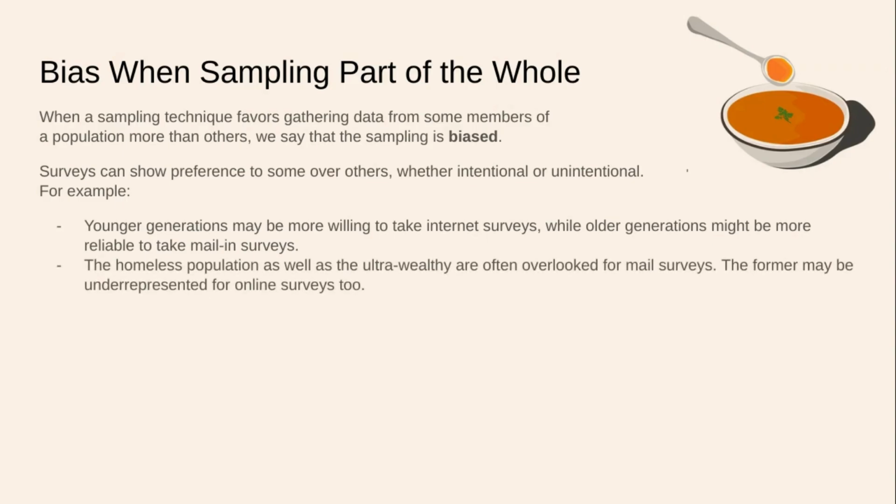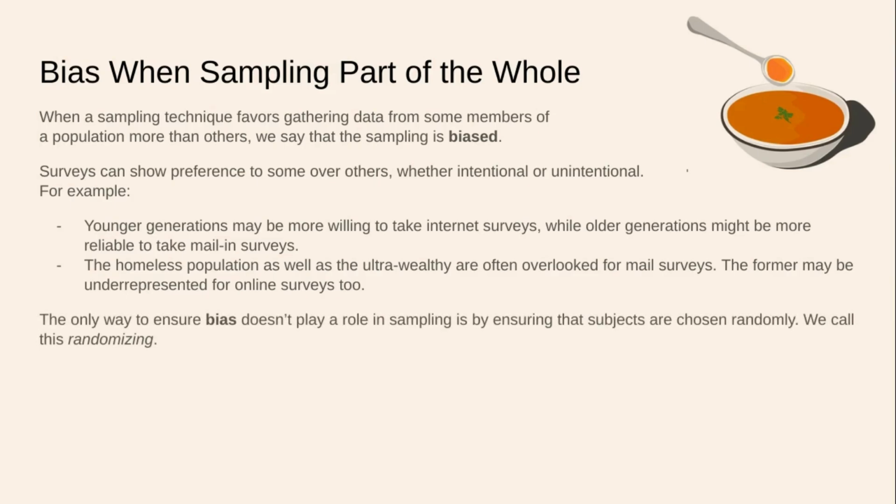The homeless population as well as the ultra-wealthy are often overlooked for mail surveys. The former may be underrepresented for online surveys too. So the homeless population, they're notoriously hard to get a hold of, and the ultra-wealthy, well, they travel too much, so it's hard to get a hold of them too.